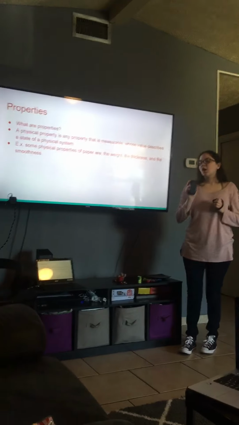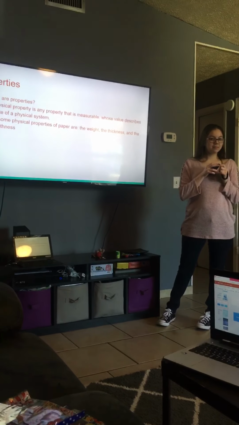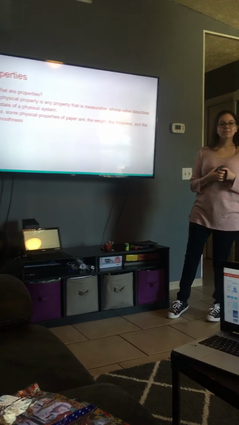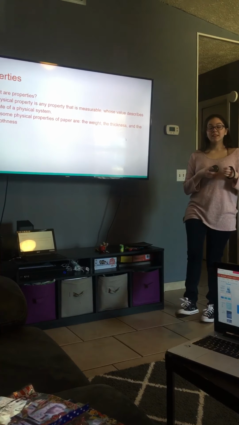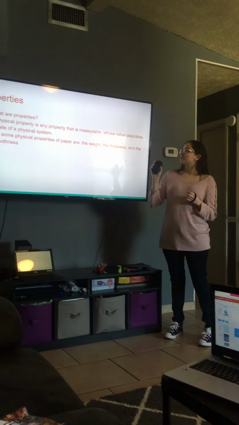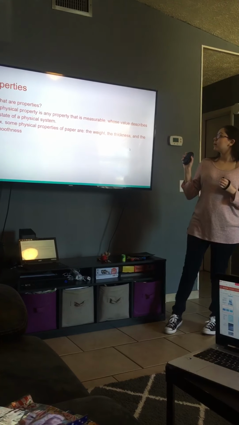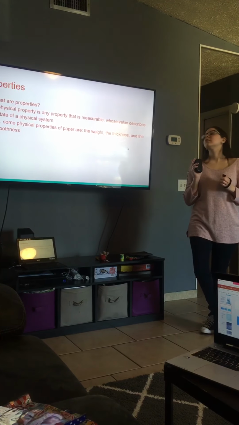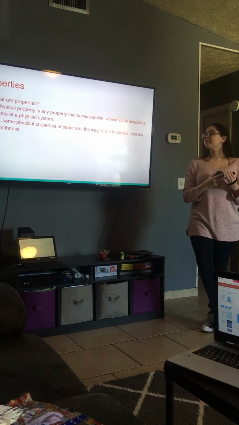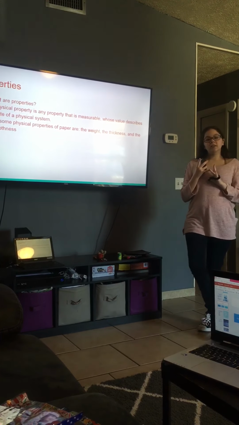So, what are properties? Can anyone tell me? Are properties like physical things? They are. A more in-depth description of them is a physical property is any property that is measurable, whose value describes a state of a physical system, like color, shape, and texture.